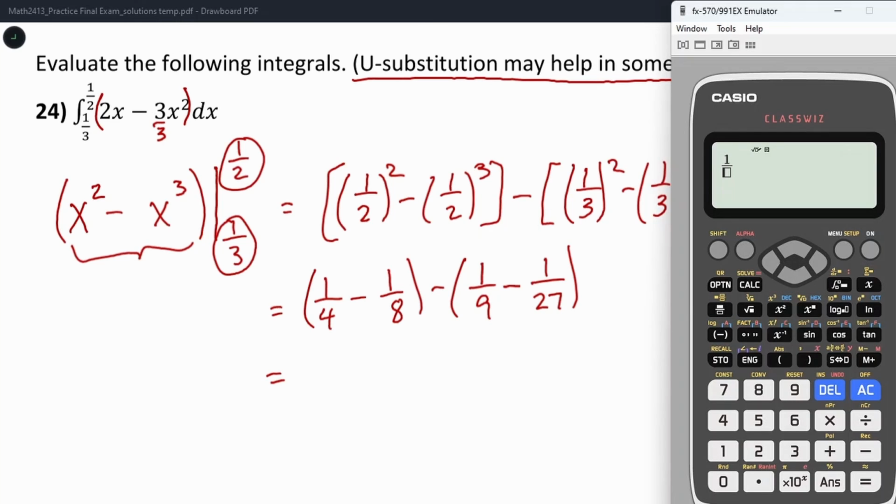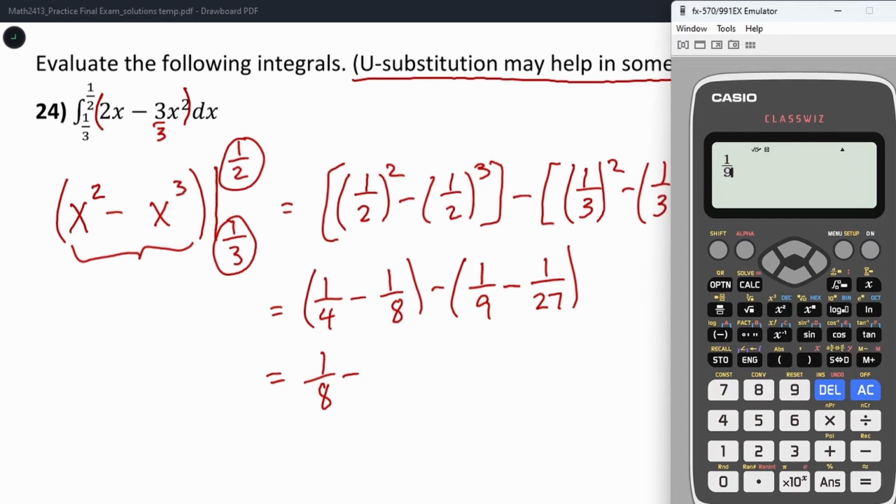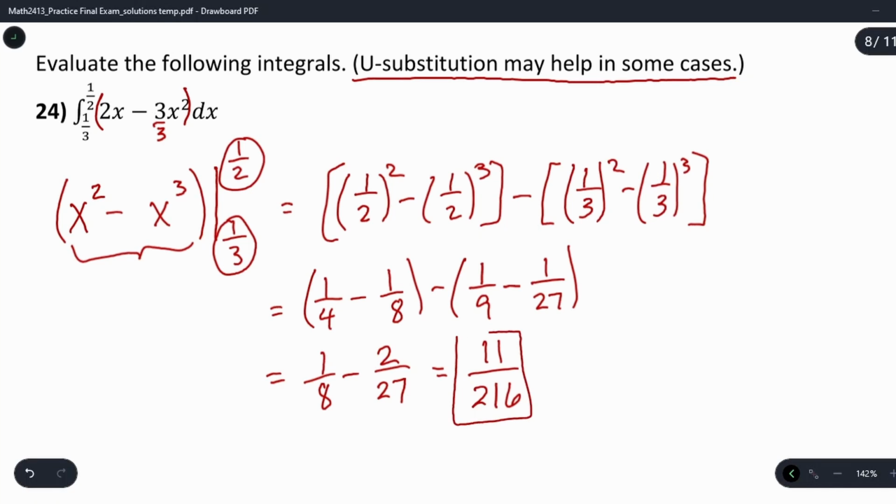So we've got 1/4 minus 1/8, which is 1/8, and 1/9 minus 1/27 is 2/27. And then subtracting these values, we have 1/8 minus 2/27, giving us a final answer of 11 over 216. And that is the answer for question 24.